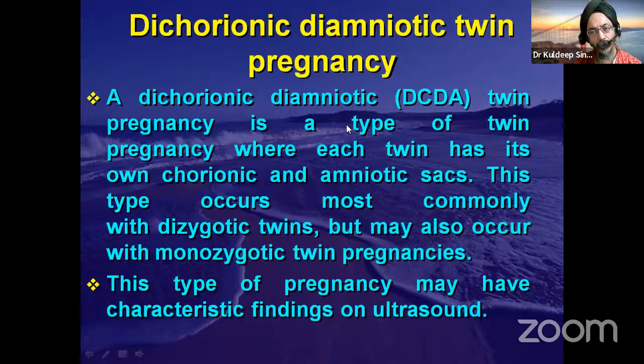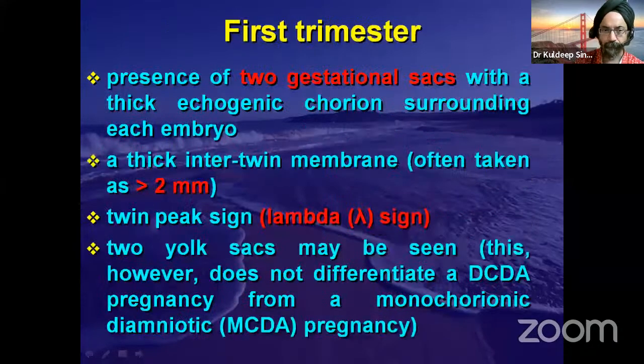A dichorionic diamniotic is a type of twin pregnancy. Each twin has its own chorion and amnion, most commonly with dizygotic, but with monozygotic as well. We're looking at two gestational sacs with a thick echogenic chorion surrounding each embryo. More than 2 millimeters is the thick intertwin membrane.